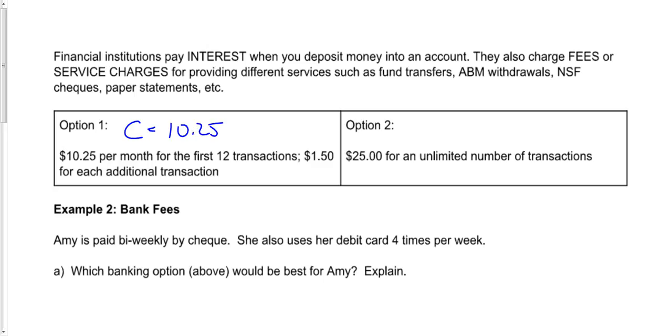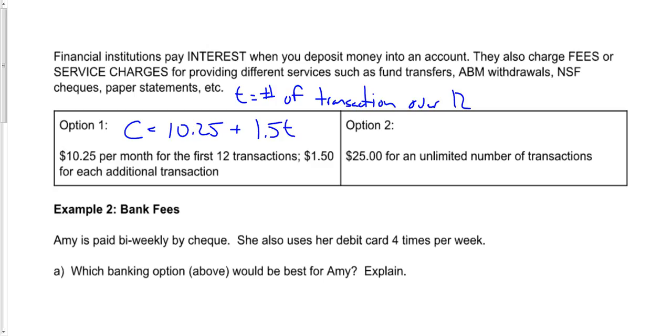No matter what happens, you can make 0 extra transactions, you have to pay this $10.25 no matter what, plus 1.5 times t, where t is the number of transactions over 12. Okay, so as soon as you make that 13th transaction, now you're starting to pay additional fees.